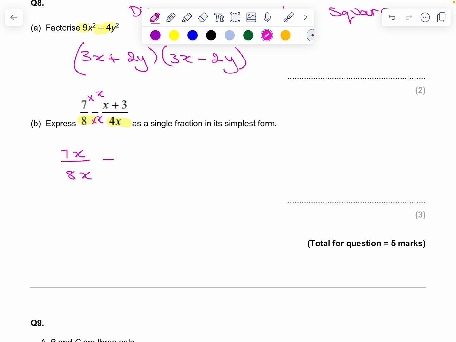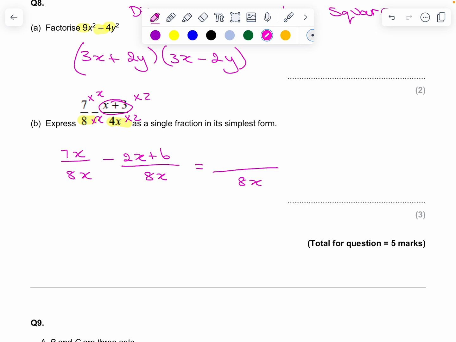To make the second one 8x, I'm going to times by 2, and I have to do it to top and bottom. So, timesing this by 2, I get 2x plus 6 over 4x times 2, which is 8x. Now that they have the same denominator, I can put them together so that it becomes over 8x.